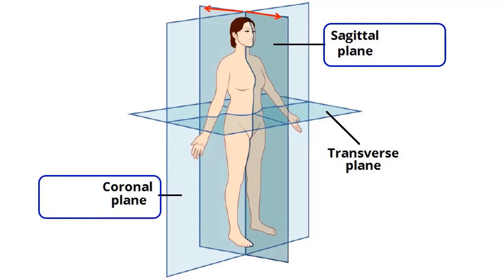If we have a coronal plane, which is going to divide the body into an anterior part and a posterior part, and when we cut the body transversely, we have an upper part and a lower part.